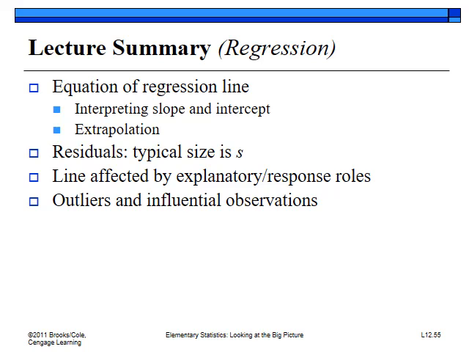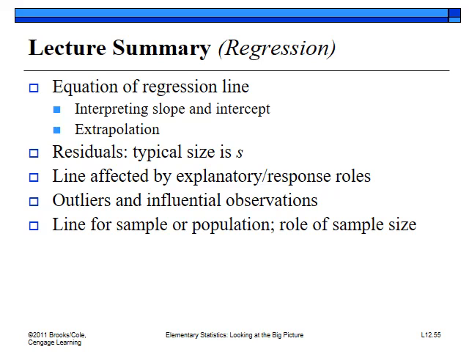We talked about the effect of outliers and influential observations. We talked about the notation that we use for the sample line and the population line, and how sample size can affect our perceptions. We talked about time series, and we talked about the role of confounding variables or adding variables to our regression to get multiple regression.